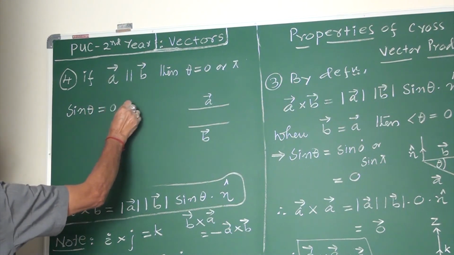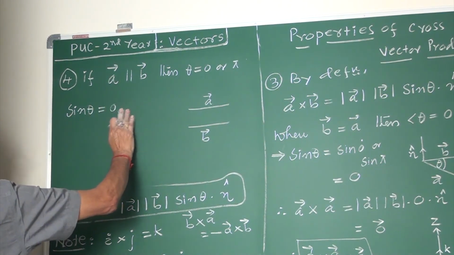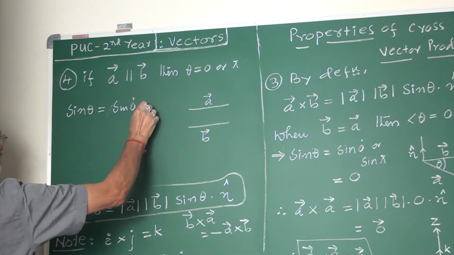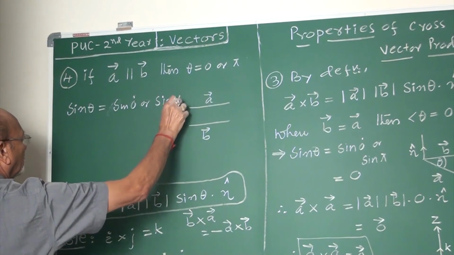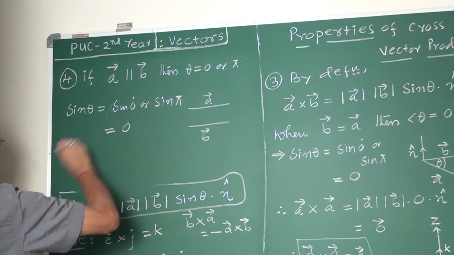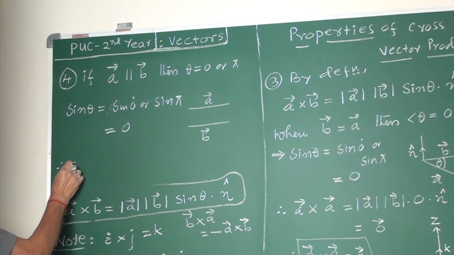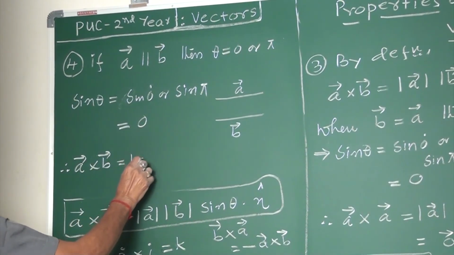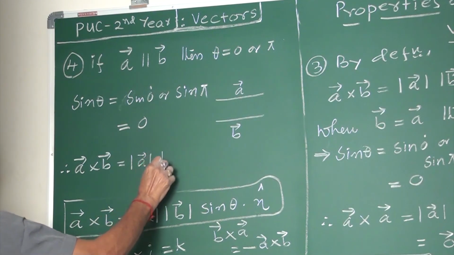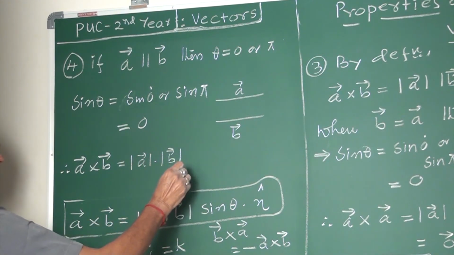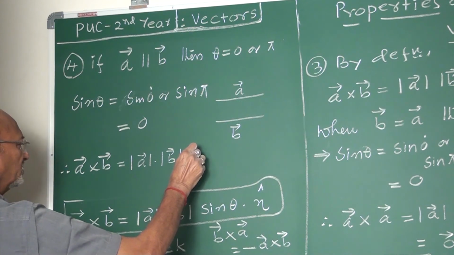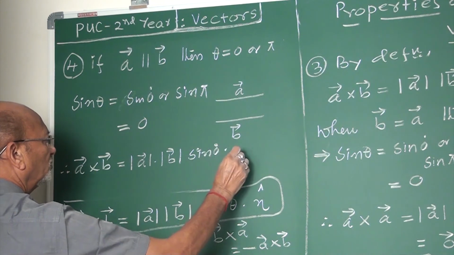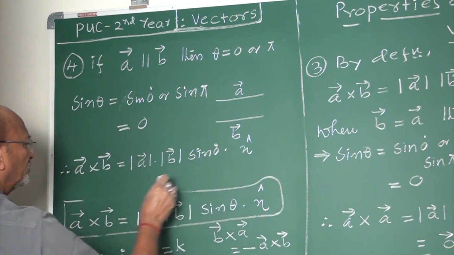Sine theta is 0. Yes. Sine theta is sine 0 or sine pi. In both cases it is 0. Therefore, A cross B equal to magnitude of A into magnitude of B into what is this, either sine 0 or sine pi into eta cap, but sine 0 is 0.